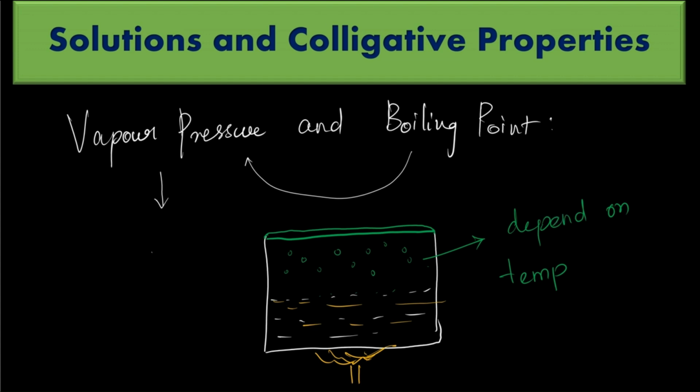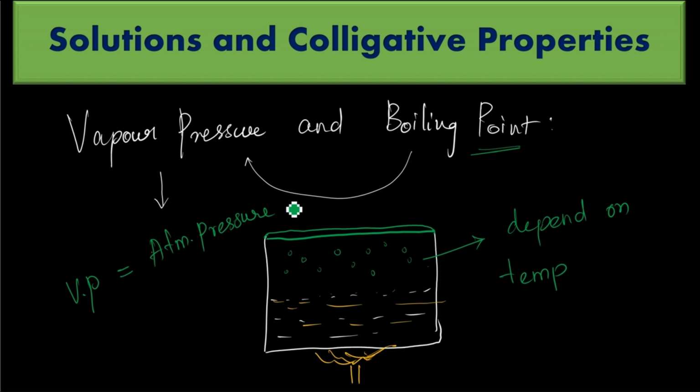Because when the vapor pressure equals the atmospheric pressure or external pressure, only then does the liquid start to boil. That point is what we measure as the boiling point. So boiling point is the specific temperature at which the vapor pressure becomes equal to the external atmospheric pressure.